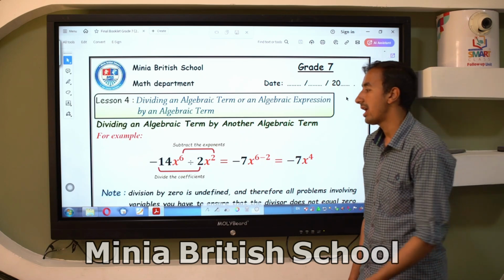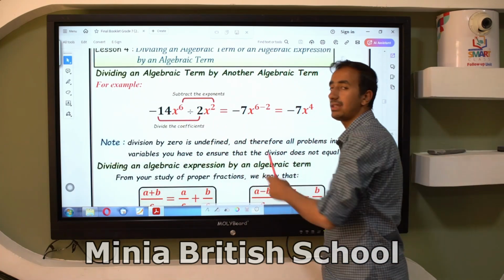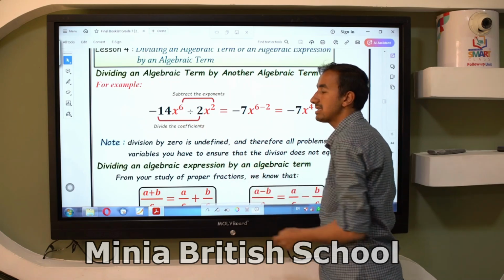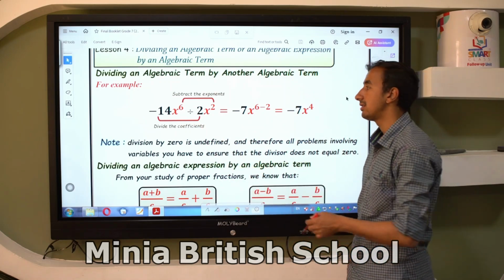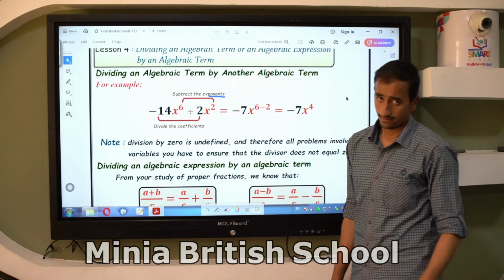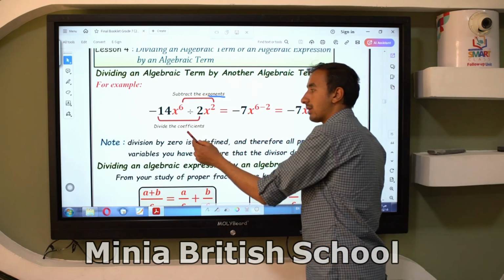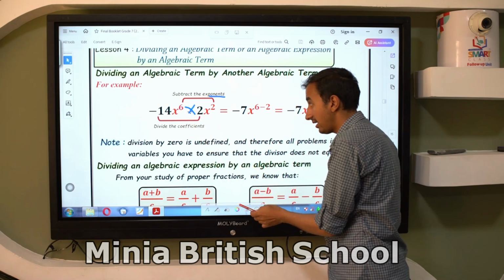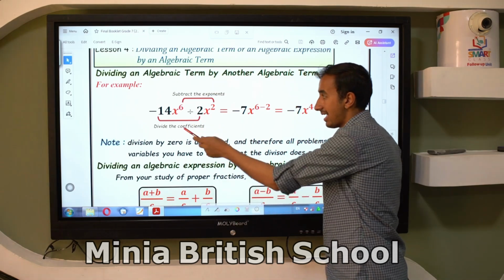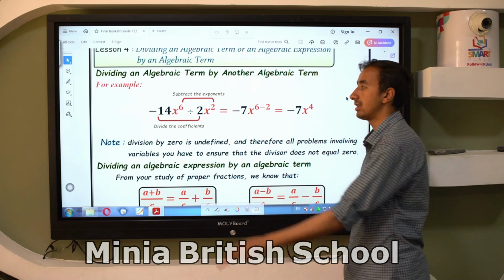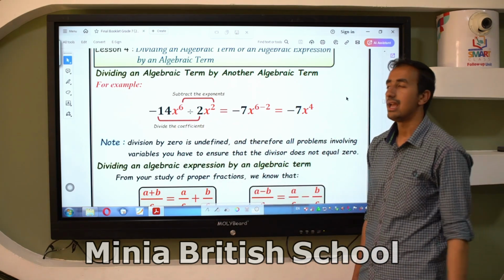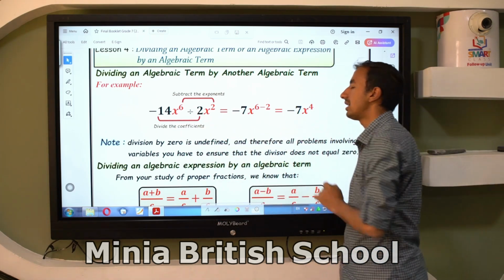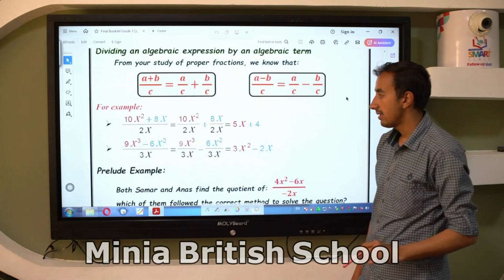If we have two terms divided with the same base, divide the coefficients and subtract the exponents. In multiplication, multiply the coefficients and add the exponents. But here, if we have division, divide the coefficients and subtract the exponents. So negative 14 divided by 2 equals negative 7. x power 6 minus 2 equals 4. Negative 7x power 4. Okay?